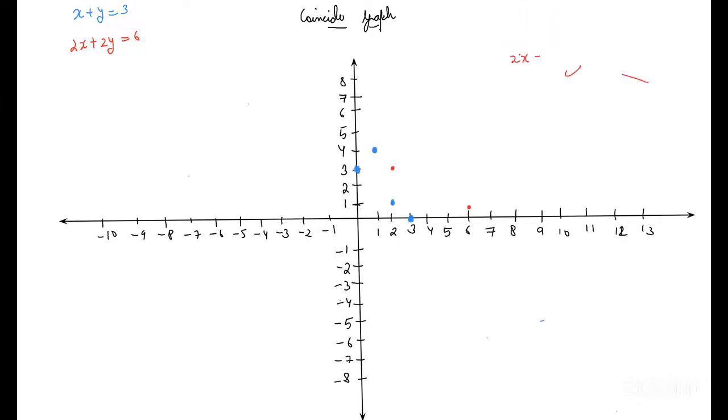Who marked this? I marked it. How, Joshua? How did you get it? I got 1, 4. How did you get 1, 4? It's not correct. It's x equals 3 minus y. So what value of y did you take? I took the value of y as 4.